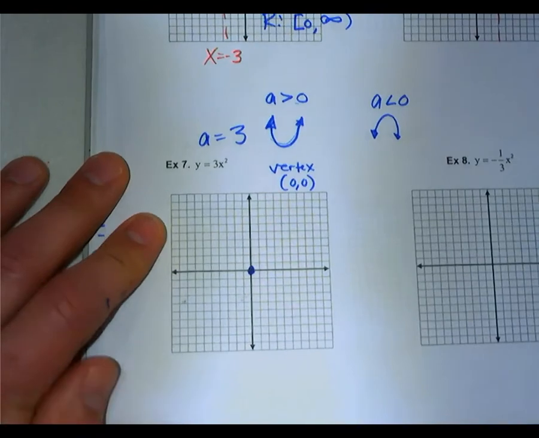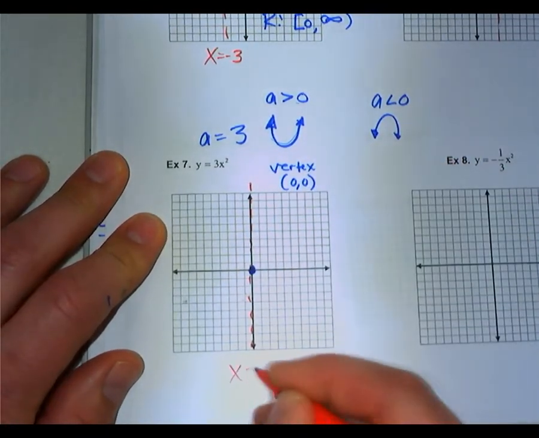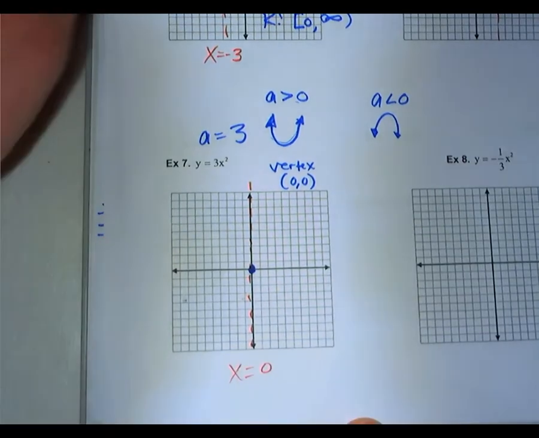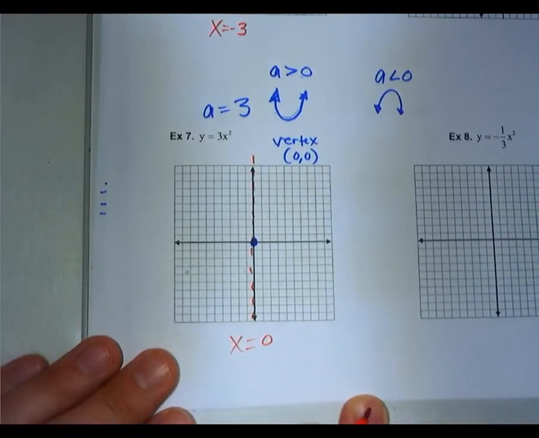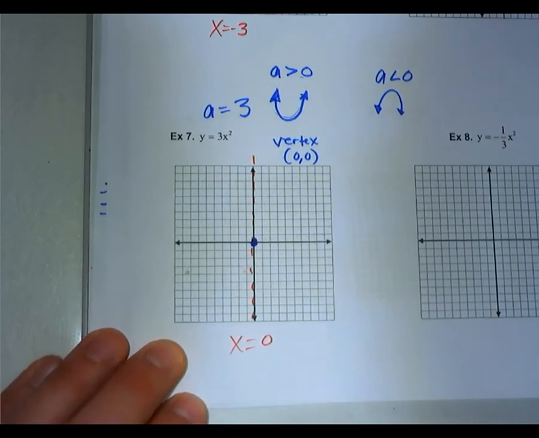And that axis of symmetry stays at x equals 0. Now, when we graph these things, I always ask you to come up with at least 3 points: a vertex, and then one on the left and one on the right.